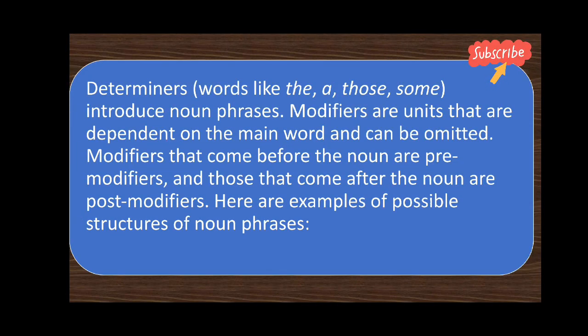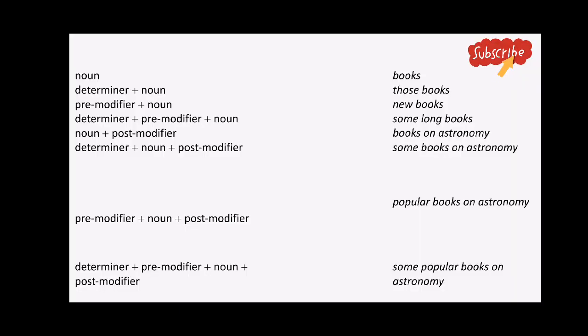Okay, so we were here. Fine. Here are examples of possible structures of a noun phrase. How can we structure a noun phrase? We can structure a noun phrase just by adding a noun, like books. Books is also a noun phrase.